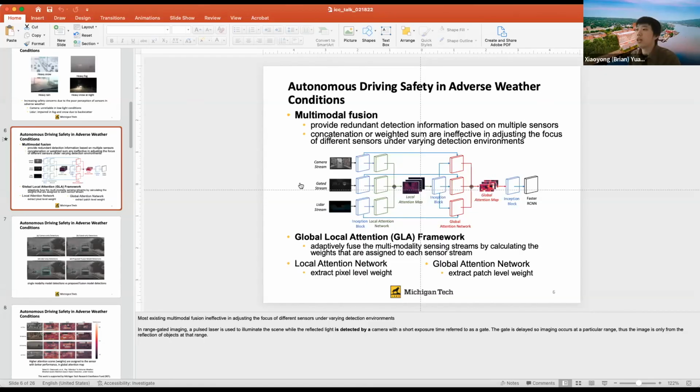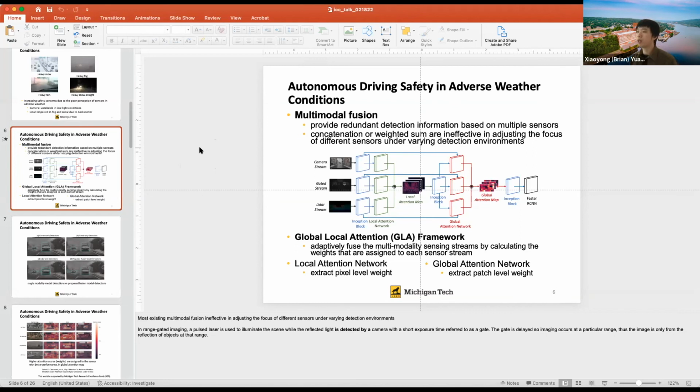Okay, thank you. Let me just quickly share my screen about this architecture. In our work, we didn't consider the efficiency of the multimodal fusion, because our target is how to improve the detection performance in this system. So we didn't actually test the inference time.